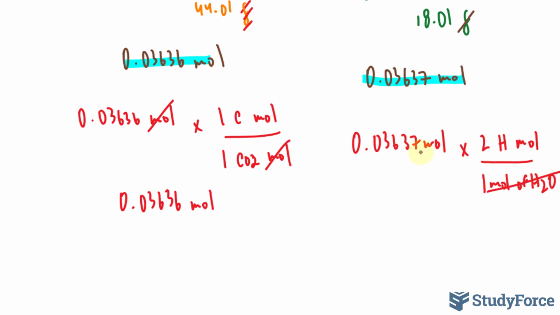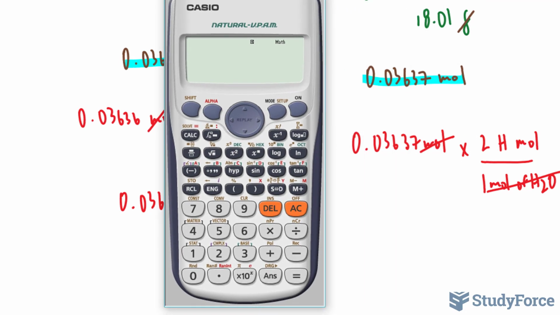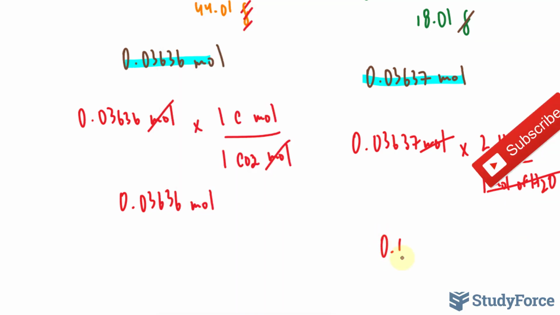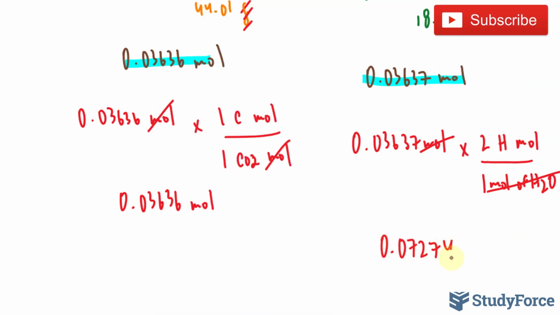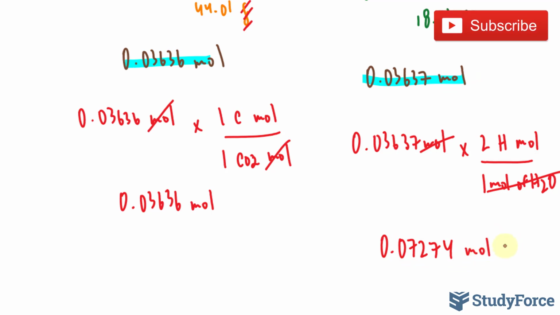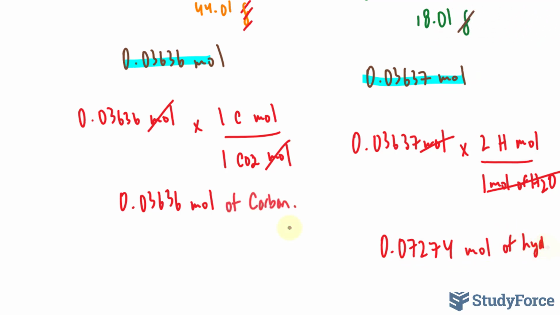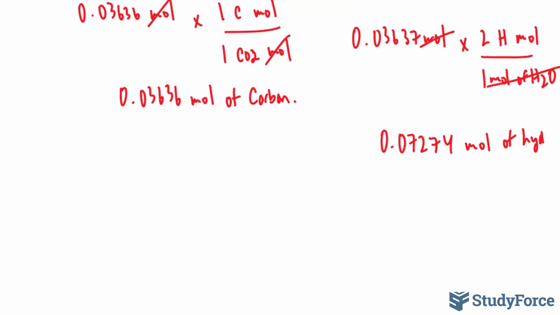This cancels out with this, leaving us with, using our calculator, 0.03637 times 2. That gives us 0.07274 moles of hydrogen. Remember that we're starting off with a fuel that has C, H, and O.